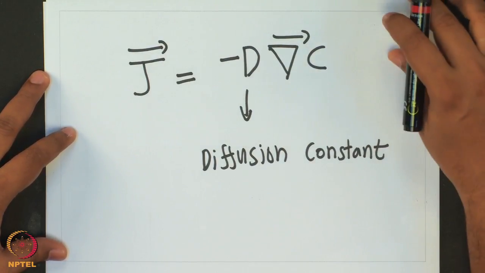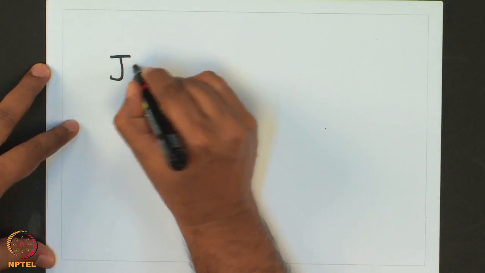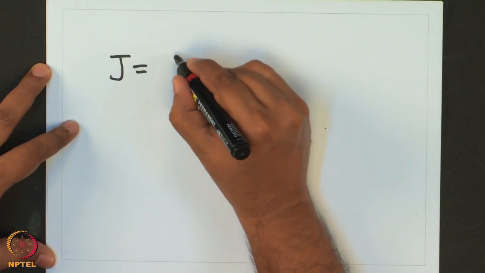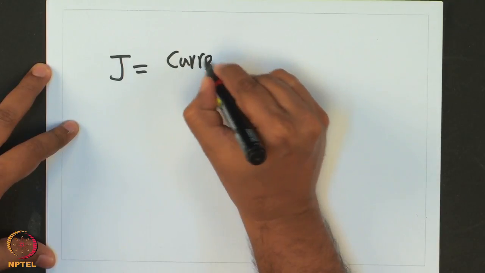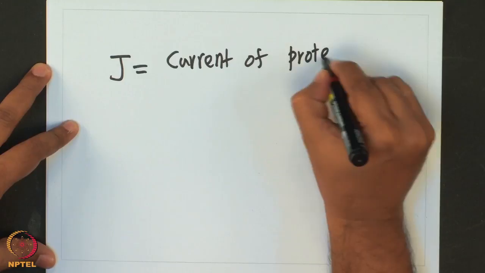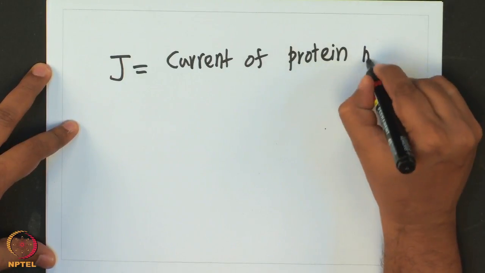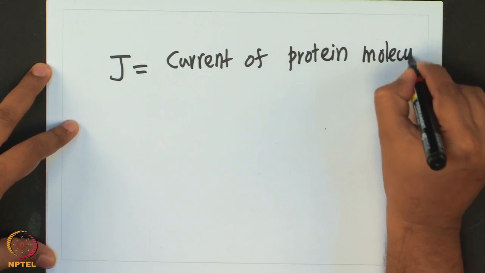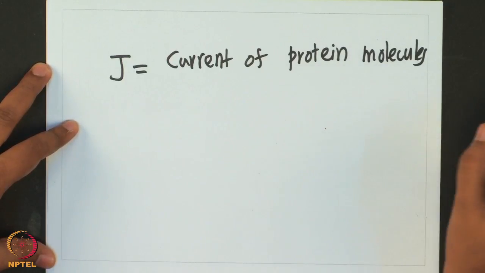So, let us first think about the dimension of J, the current. If I write this in one dimension, what is J? J is the current of protein molecules or any particles, or the flow of protein molecules.